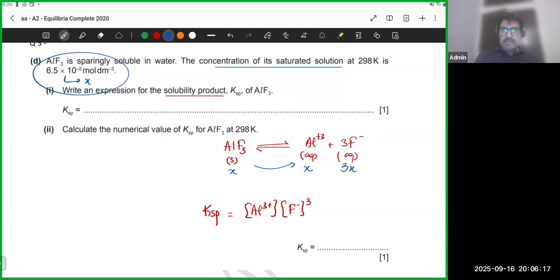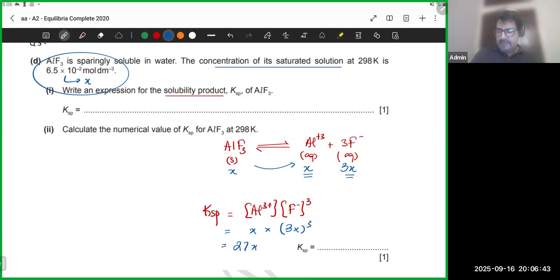This is the amount that dissolves, so I'm going to plug this in. It's going to be x times the concentration of F minus, which is 3x, cubed. The whole thing becomes what? 3 squared is 9, and 9 times 3 would be 27.